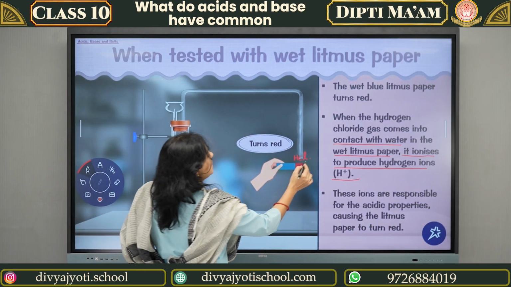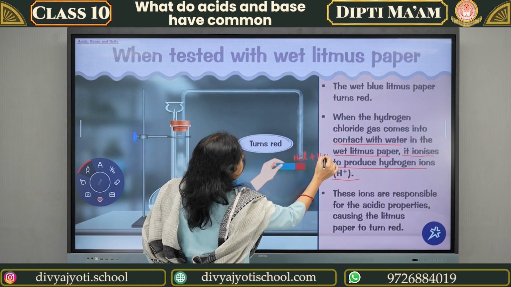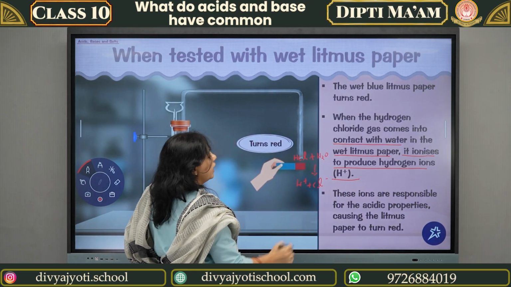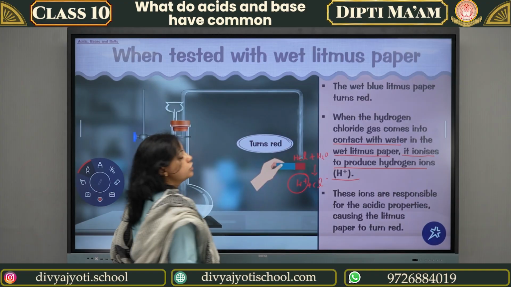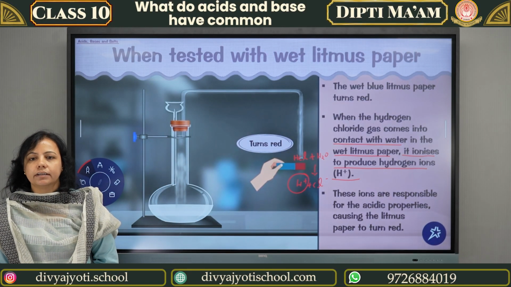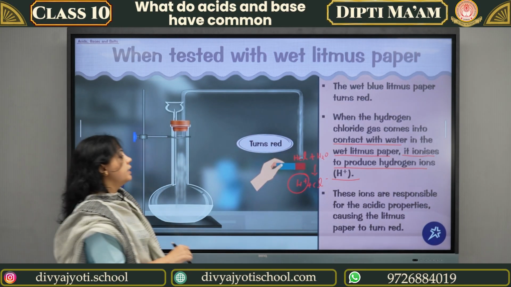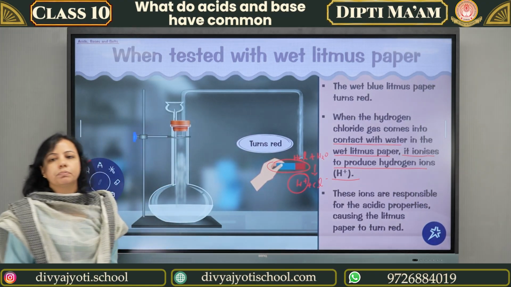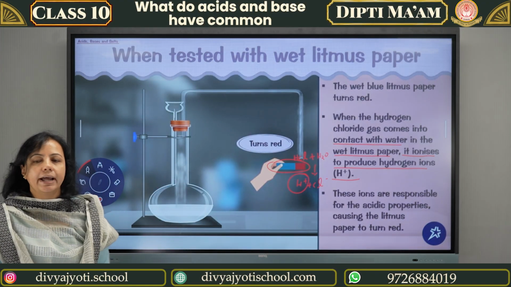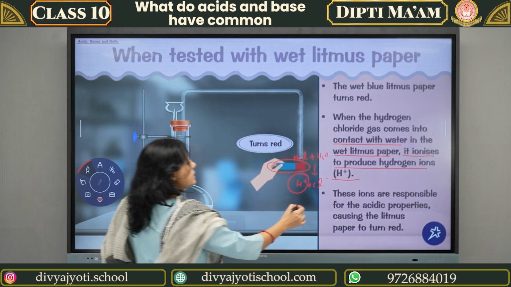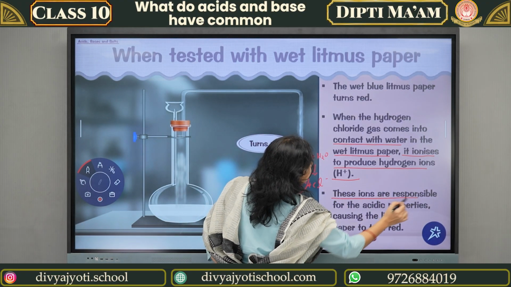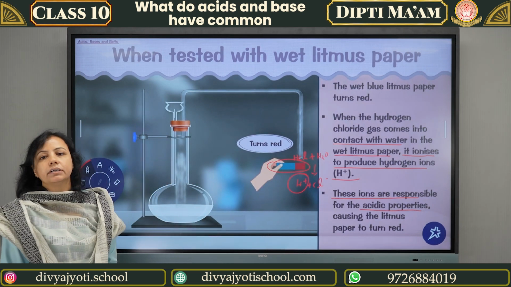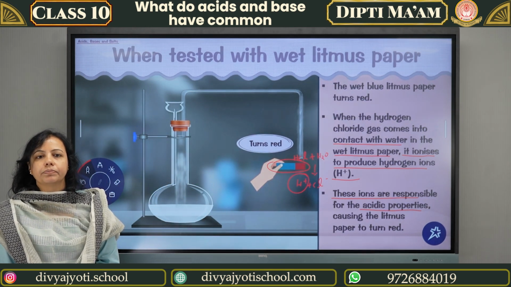When this HCl reacts with water, it is converted into H plus and Cl minus ions. These H plus ions show the acidic character, and because of this acidic character, you observe that the blue color of the litmus paper converts into red. These ions are responsible for the acidic properties, which cause the litmus paper to turn red.